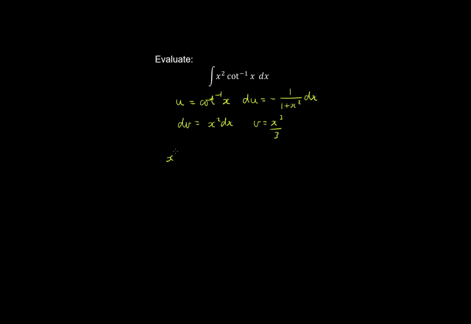And then multiplying u by v, we have x cubed on 3 by the arc cotangent of x minus the integral of v du. So minus minus is a plus, and we take 1/3 outside the integral, and x cubed on 1 plus x squared dx.